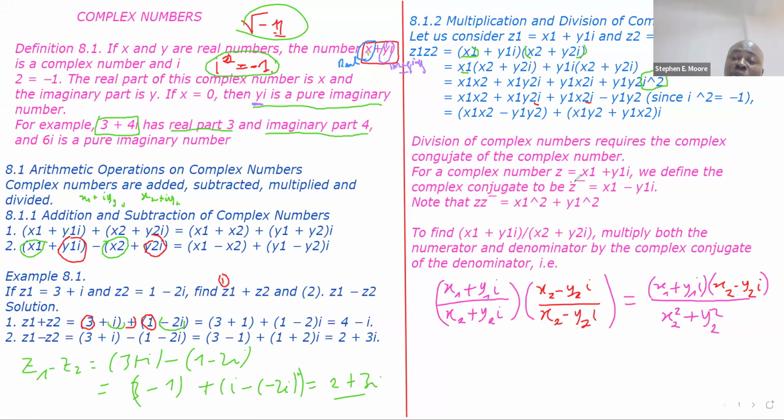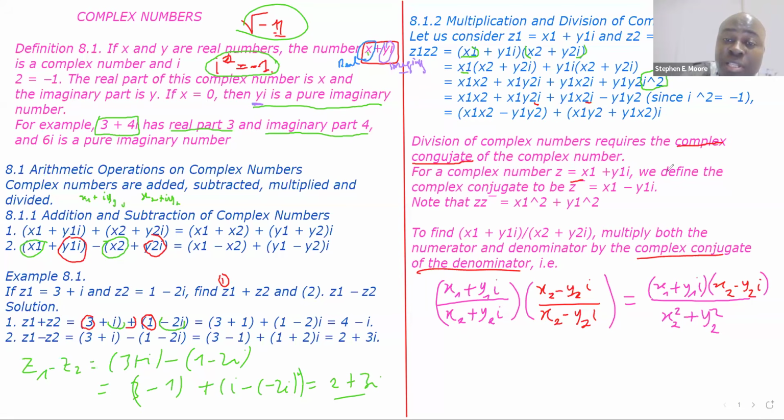Then, of course, what about division? To divide complex numbers, you need what you call the complex conjugate of the denominator. So if the denominator is a complex number, you take the complex conjugate of the denominator, and then you multiply both the numerator and the denominator by the complex conjugate.